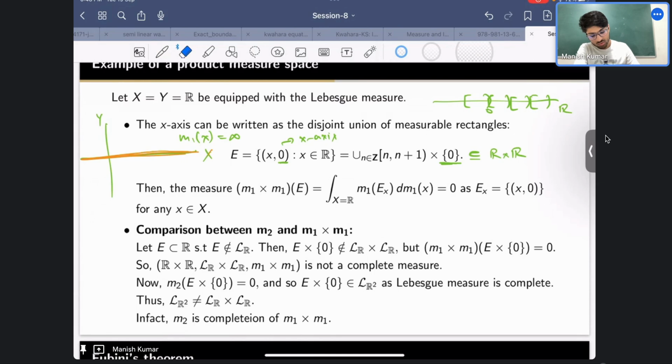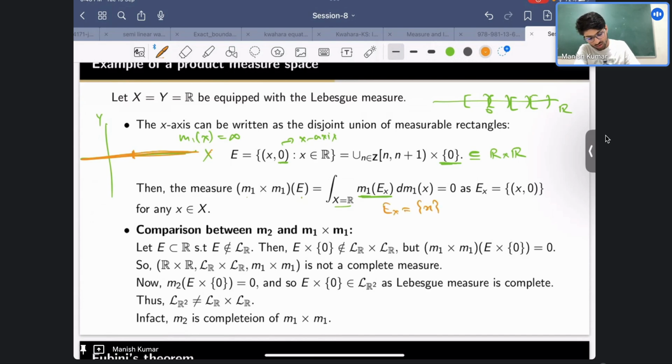So let's go through the definition. m1 cross m1 of E will be the integration over x of m1 of Ex. So what will be the Ex? Ex will be just one point, right? You just check that Ex will be singleton x.